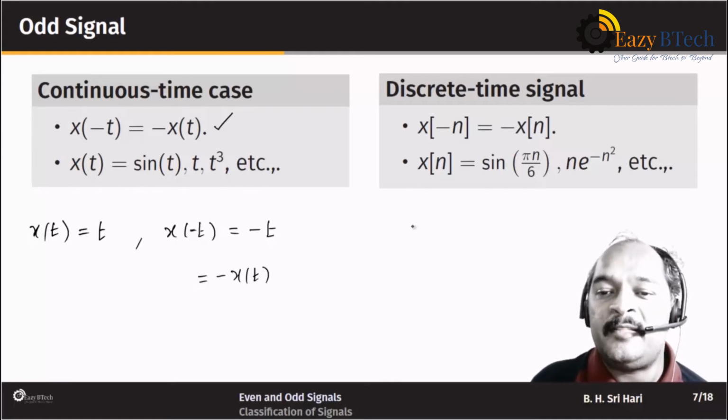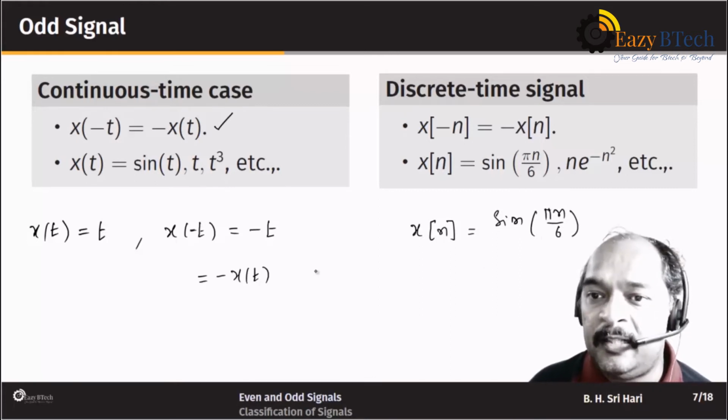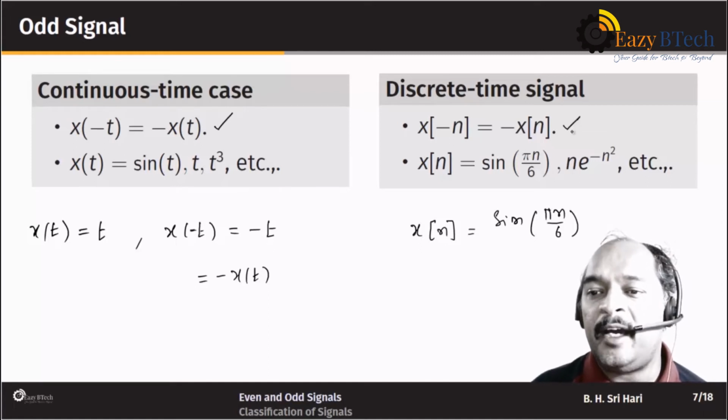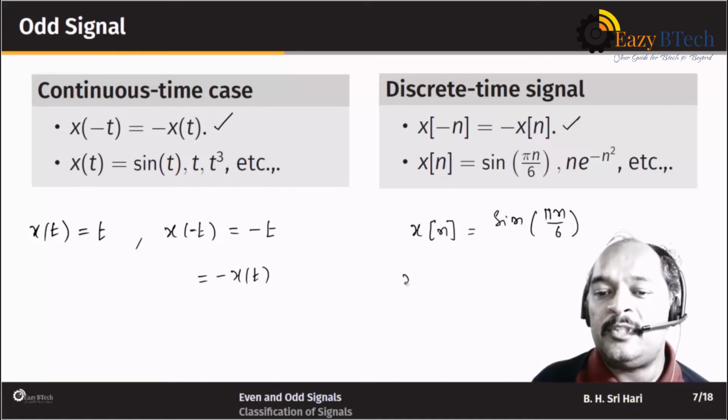We'll take one more example for the discrete time case. Let us take x of n equal to sine of pi n by 6. We need to check whether this signal is odd or not. Again, what is the rule? We have to check this condition. To check that condition, we need x of minus n, which is nothing but sine of minus pi n by 6.